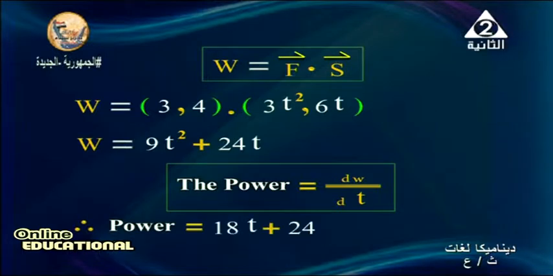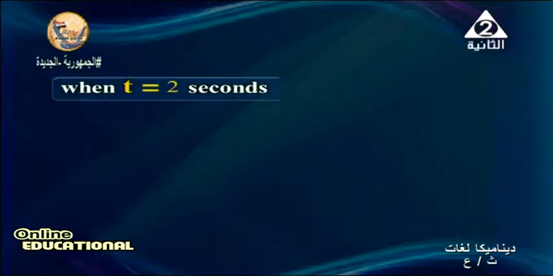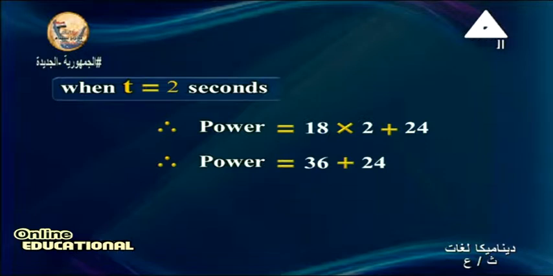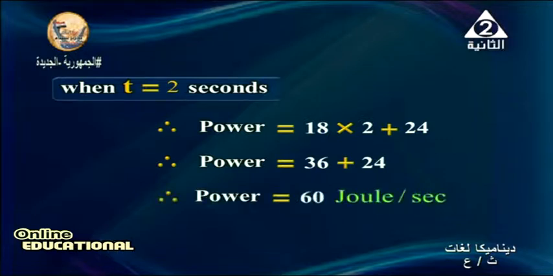Then power equals the derivative of 9t power 2, which is 18t, and the derivative of 24t, which is 24. When t equals 2 seconds, then power equals 18 times 2 plus 24. Then the power equals 36 plus 24, which equals 60 joule per second.